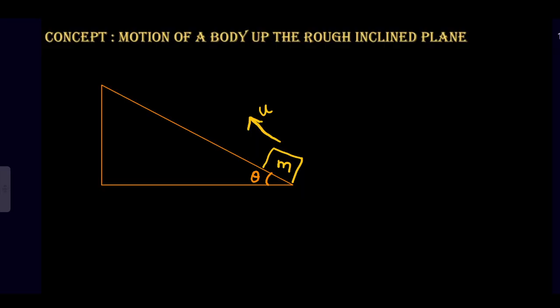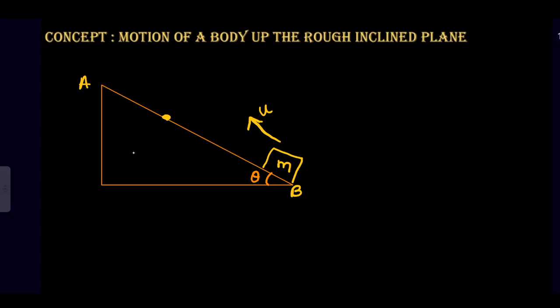Now, when the body reaches some point, let us consider. Now we need to analyze the motion of the body. Tell me, what is the first thing we need to resolve into components?